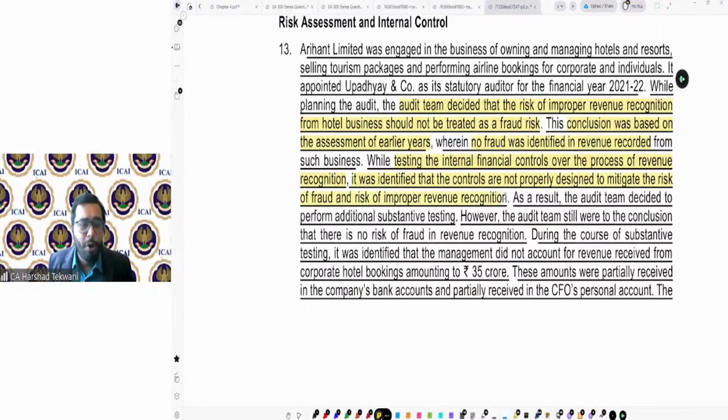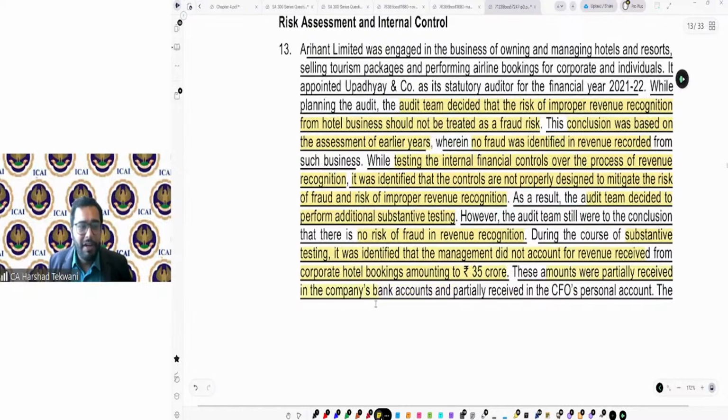And the risk of improper revenue recognition. So they are not properly designed, and the audit team decided to perform additional substantive testing. Still, the audit team says there is no fraud risk in revenue recognition. But during substantive testing, they identified that management did not account for the revenue received from the corporate booking amounting to 35 crores.